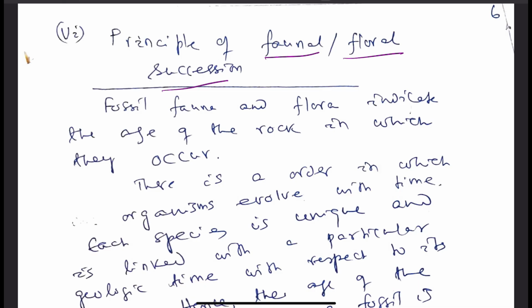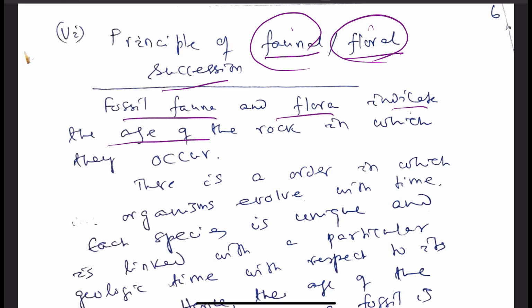We find the fossils of flora and fauna contained within the sediments. So the age of this fauna or flora is equal to the age of the sedimentary formations that contain them. So the fossil fauna and flora indicate the age of the rock in which they occur.